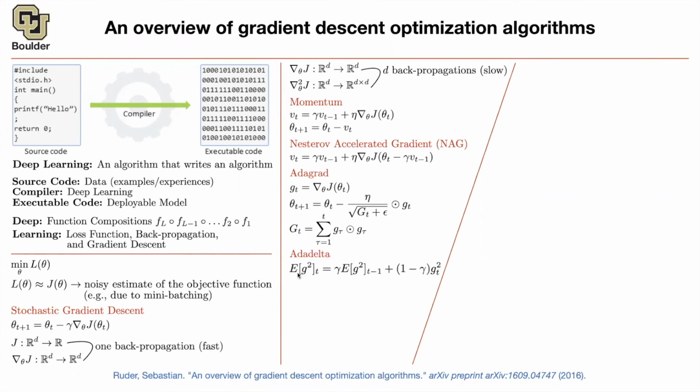Adadelta does a running average of these gradient squares. You keep gamma of the previous average, and you add your new gradient square. That gives you the average gradient.